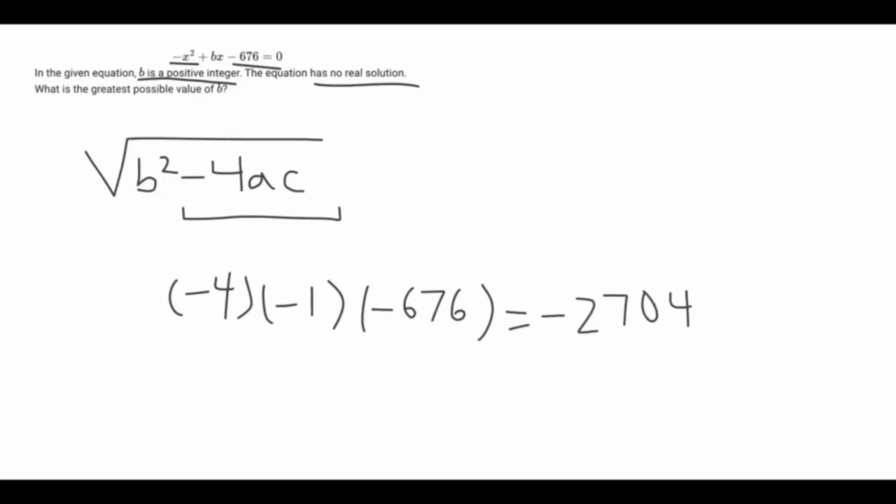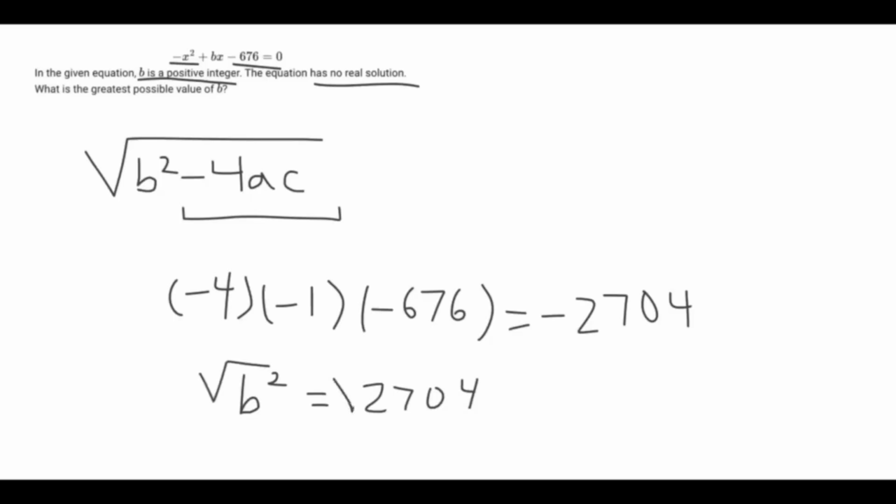So as we talked about before, we need to know that the value of B squared has to be less than 2,704, but it has to be the greatest possible value. So what we can do is just set B squared equivalent to 2,704. Not negative 2,704 because this has to be a positive value in order to be subtracted, right? And so now we're just going to solve for B.